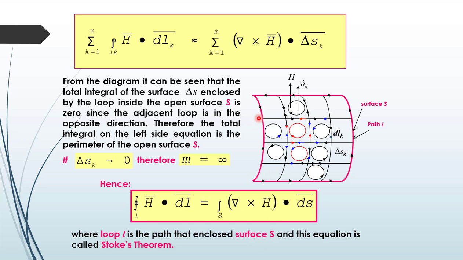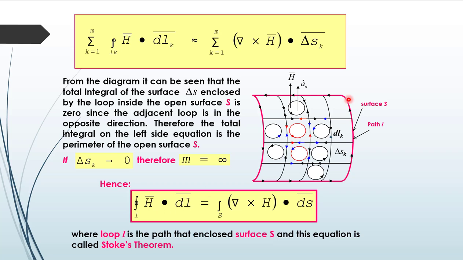If you apply Ampere's law to separate areas, take the curl, and equate it with the Ampere's H dot dl, and then add all the H dot dl for these small areas, they will vanish. Only the outer part, which indicates the perimeter of this open surface, has to be added.